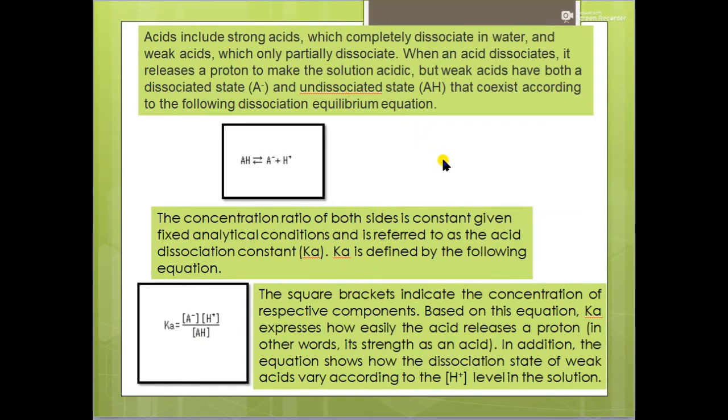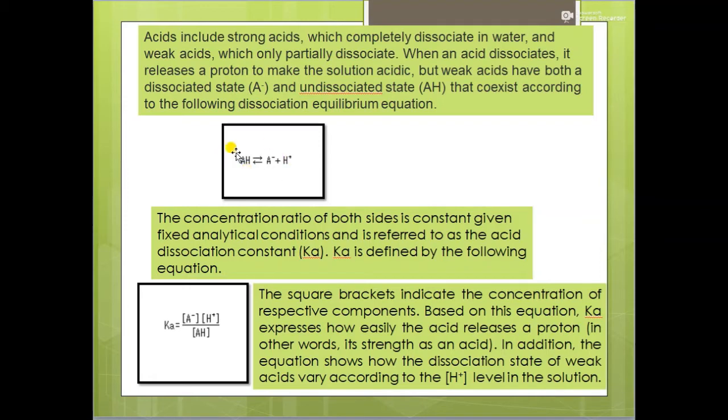Now acids include strong acids, which are completely dissociated in water, and also weak acids, which are partially dissociated. When an acid dissociates, it releases a proton to make a solution acidic. But a weak acid has both a dissociated state and an undissociated state, and as a result they exist in equilibrium with each other.